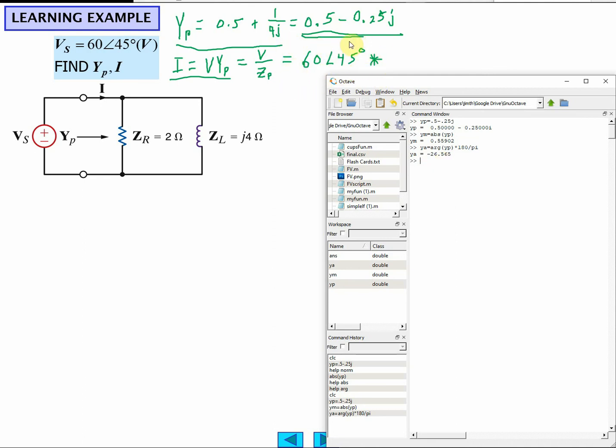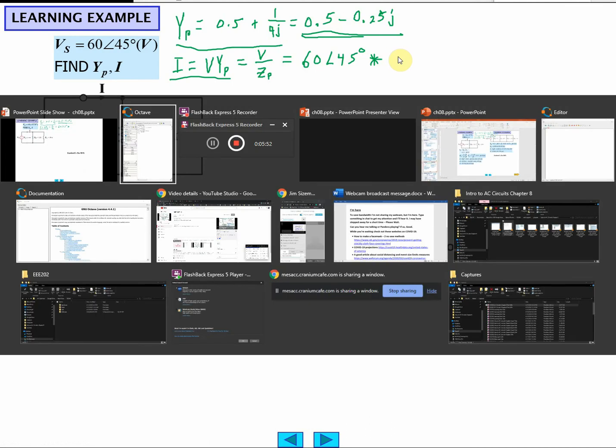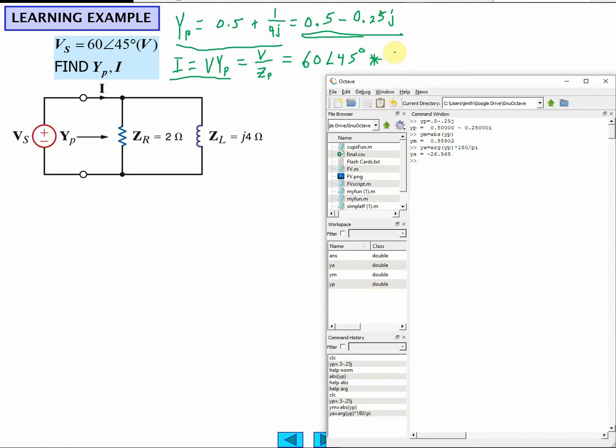The current is equal to 60 angle 45 times 0.55902 angle negative 26.565.